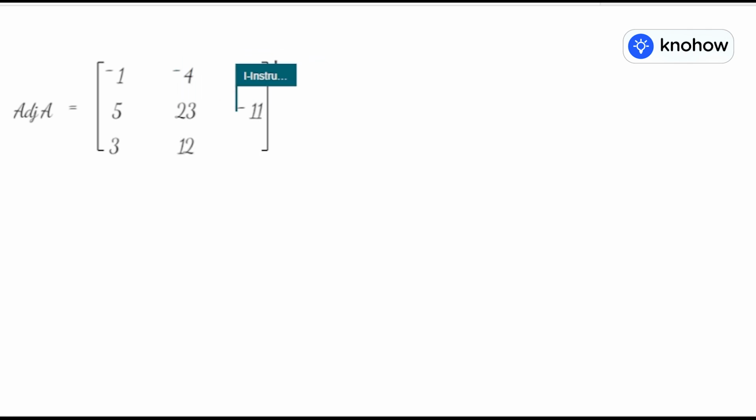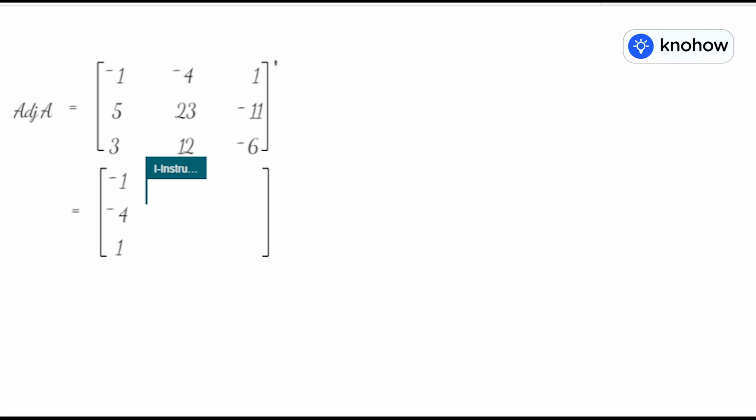Take the transpose. The elements of the first row, negative 1, negative 4, 1, you write in the first column. The second row, 5, 23, minus 11, you write in the second column. And the elements of the third row, 3, 12, and minus 6, you write in the third column. So we get adjoint A.